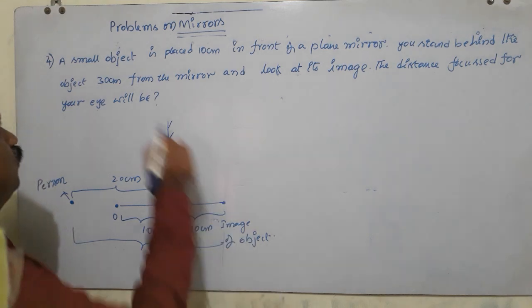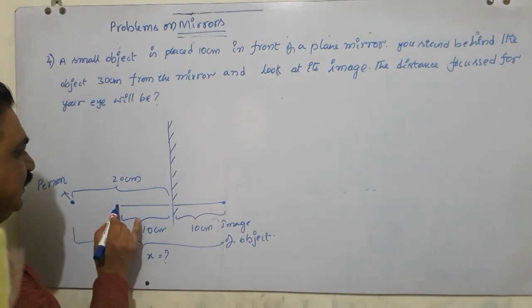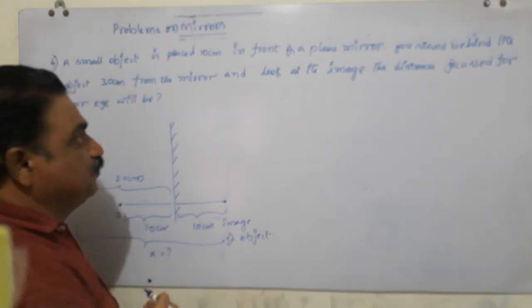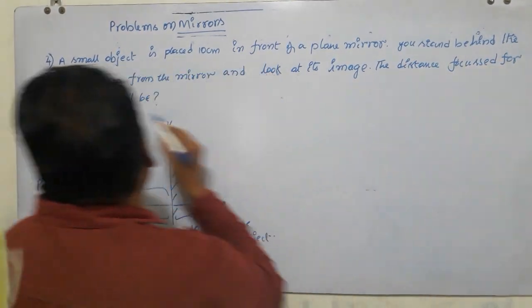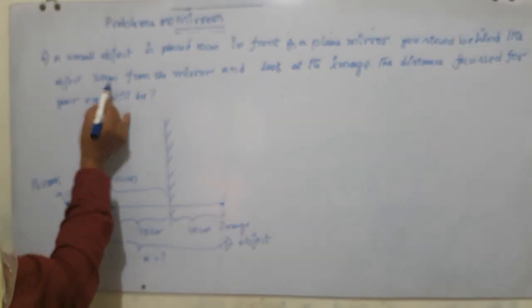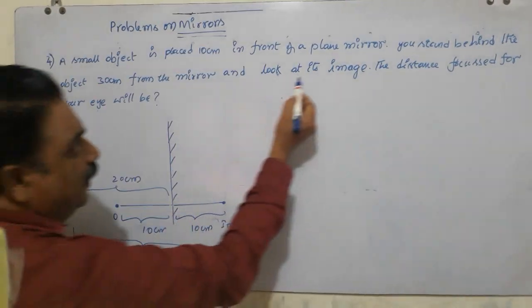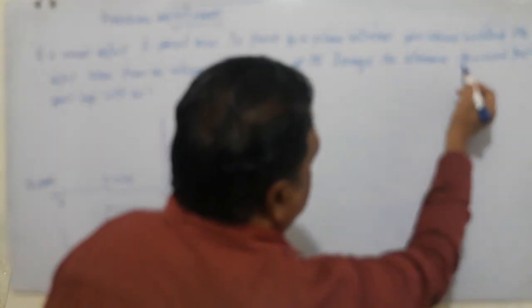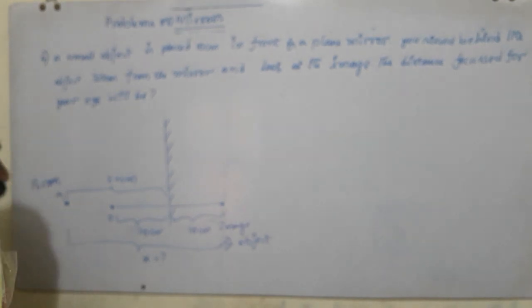See here in this problem, a small object is placed 10 centimeters in front of a plane mirror. You stand behind the object, 30 centimeters from the mirror, and look at its image. The distance focused for your eye will be?